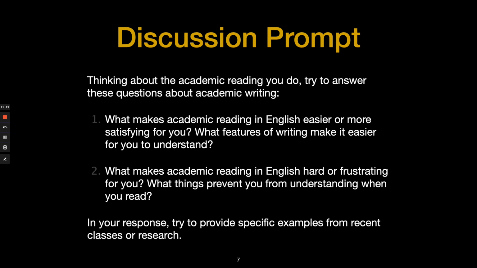We're at the beginning of the class, so you might have trouble naming some of these features. I think by the end of the class, the goal is for you to not have so much trouble naming some of these features. So you'll feel more comfortable saying, oh, when writers provide transitions or when they explain their organizational structure, that helps me understand.